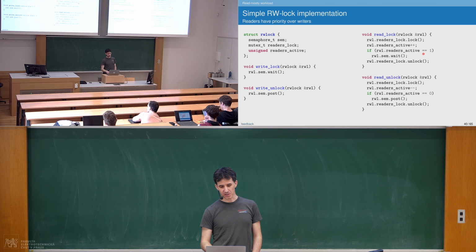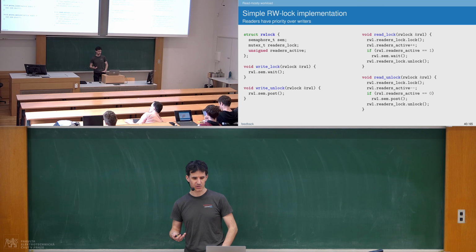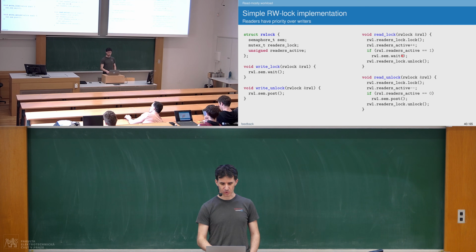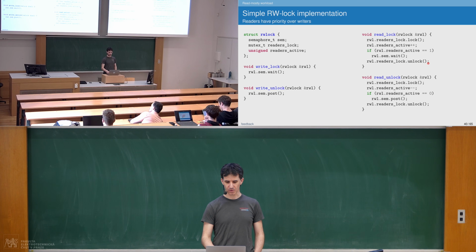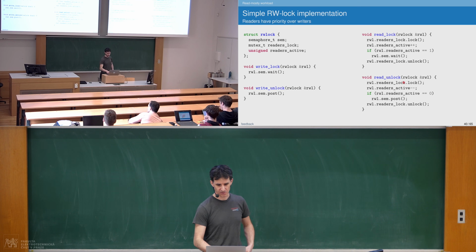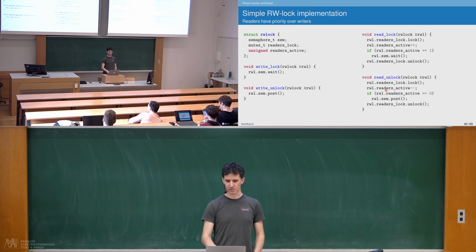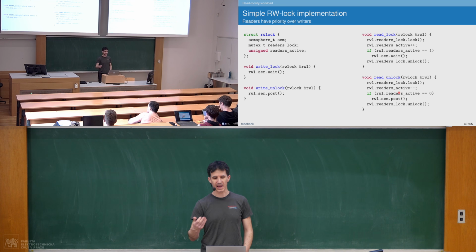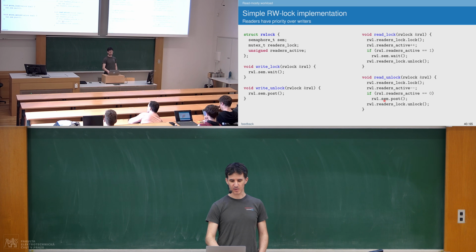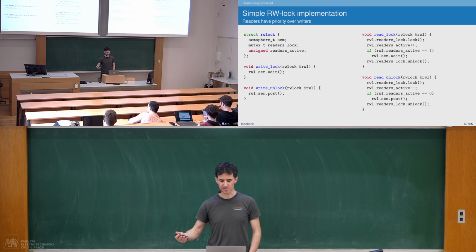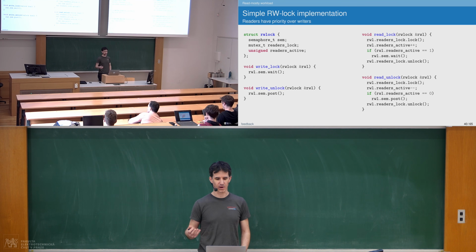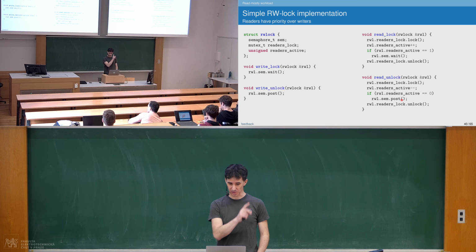If we are the first reader, we wait for the semaphore because there might be an ongoing write operation. If there is no ongoing write, we unlock the mutex and continue. The read unlock operation does the opposite. It locks the mutex, decreases the number of active readers, and if we were the last active reader, we post the semaphore, meaning if a writer or updater is waiting for us, we unblock it so that it can continue.